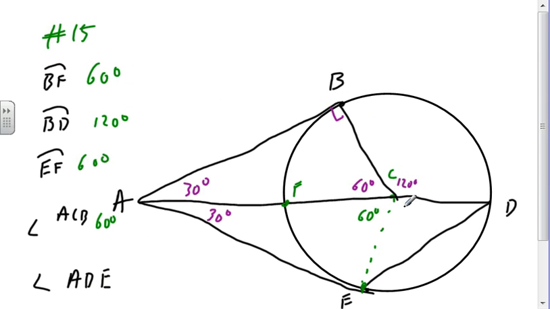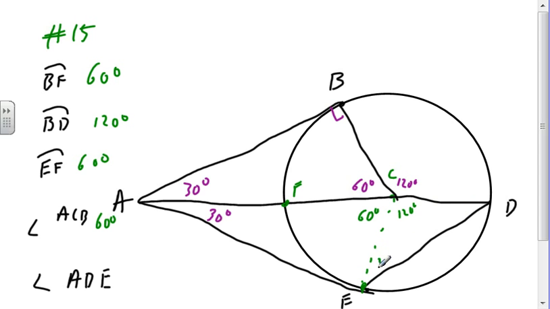A, D, E. All right, this one has to be 120 on that side, right? Because that's 60. This is an isosceles triangle because those two are the same, which means this angle has to be the same.